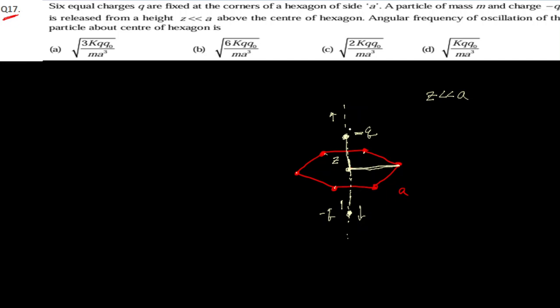For that, first we have to calculate the electric field on the axis under this condition when z is much less than a. Now how can we calculate the electric field? We have already discussed this a few minutes ago.